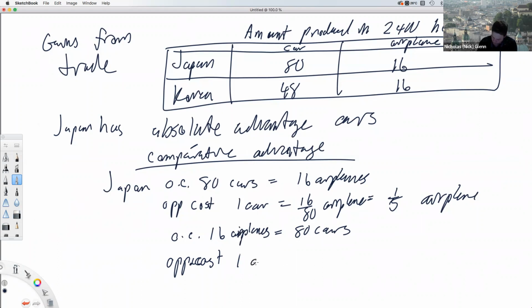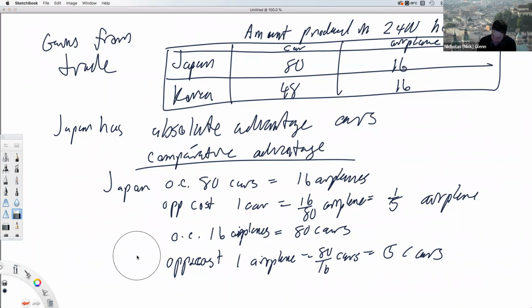And what about in terms of one airplane? Same thing. Just divide by 16. Divide 80 by 16, and that'll give you 5 cars. So if Japan decides to produce one more airplane, they have to give up the production of 5 cars. That's the opportunity cost: one airplane is 5 cars.